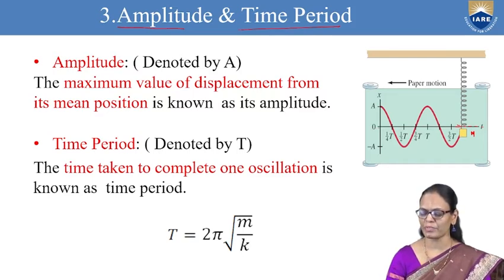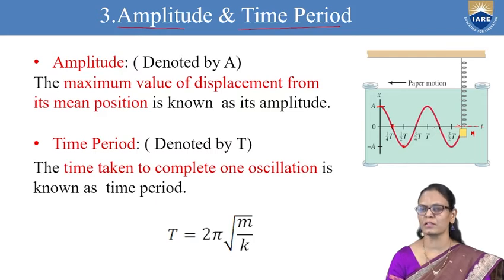At time t equal to 0, you start from one extreme position. After T by 4 seconds, it comes to the equilibrium position, and after T by 2 seconds it comes here, and so on for one complete interval. If you trace the position of this object, you get a curve like this.